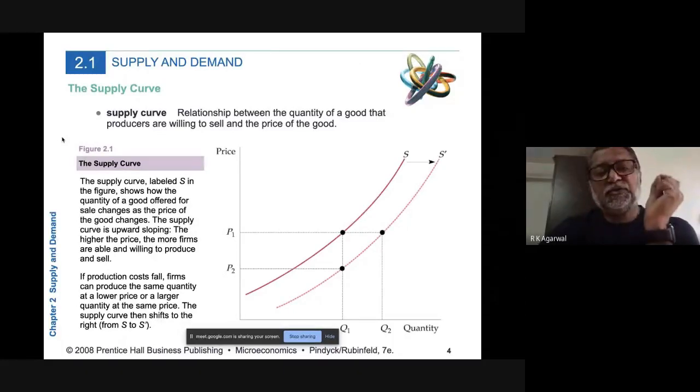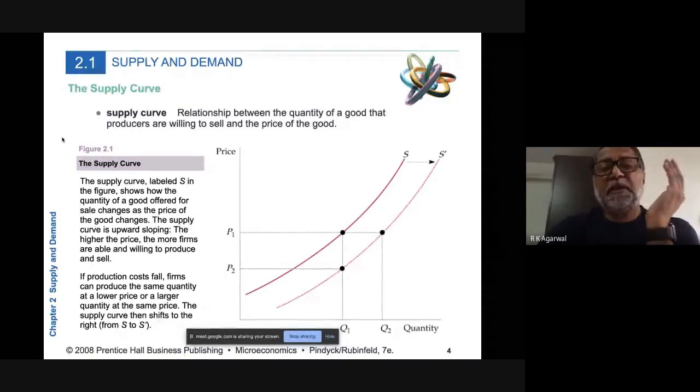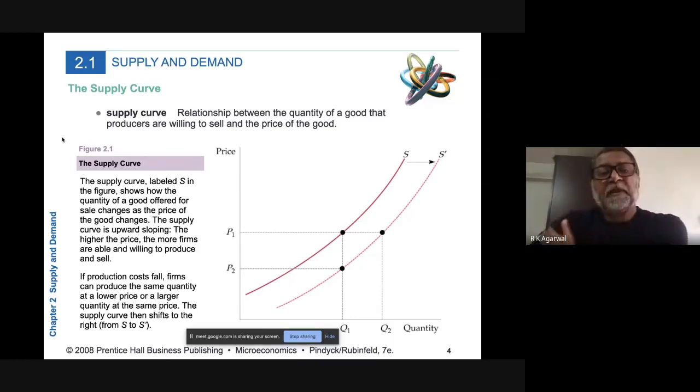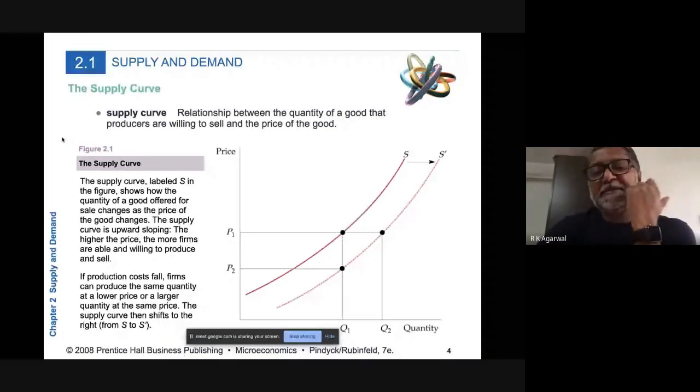First, you should know what is supply, and then you should know the relationship between the quantity supplied and the price. As I said, supply simply refers to the willingness of the producer to sell a certain quantity of goods and services at a given price in the market. The relationship between quantity supplied and price is positive. That is, higher the price, higher the supply; lower the price, lower the supply.